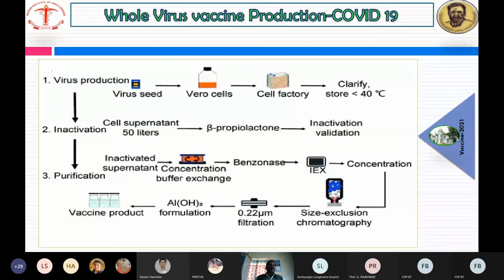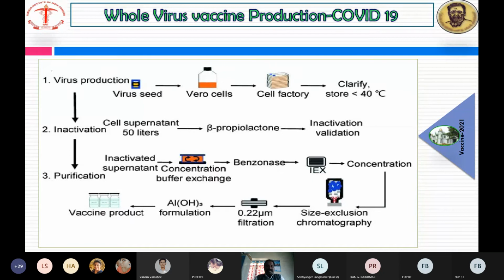The same kind of process is done worldwide for the production of inactivated COVID-19 vaccine. The same three stages: virus production, inactivation, purification. The same virus seeds and virus cell line go to the cell factory, clarified and kept at less than 40 degrees, around 0.2 to 0.4 micrometer, and the cell supernatant of 50 liters goes for beta-propiolactone inactivation, with inactivation validation using a suitable animal.